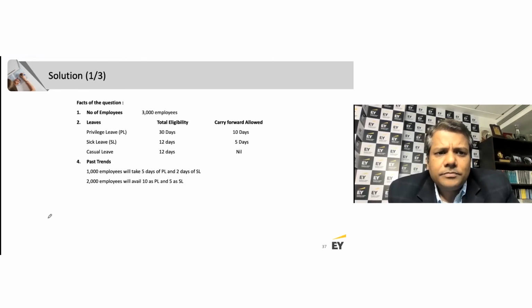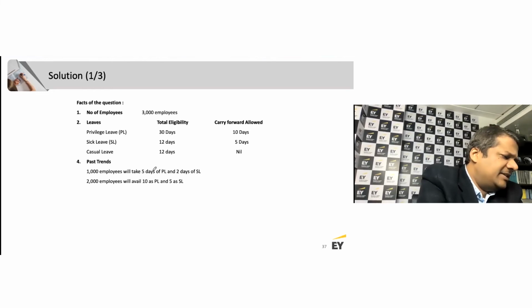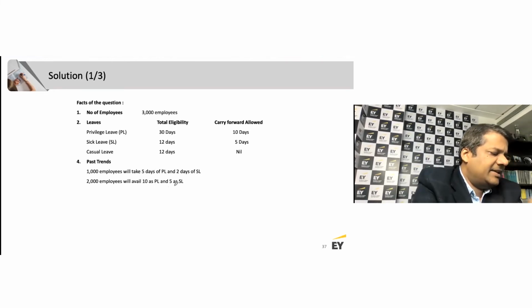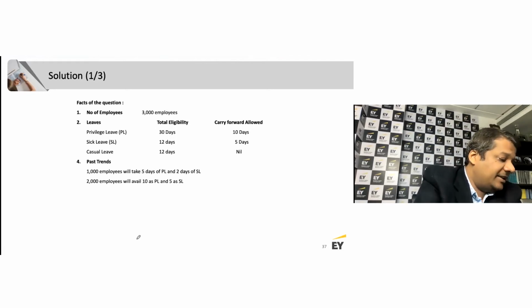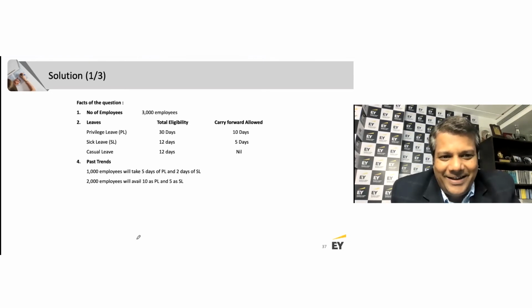So we have some stratification between these 3,000 employees. 2,000 employees are smart enough that they will fully utilize whatever carry forward is available to them.